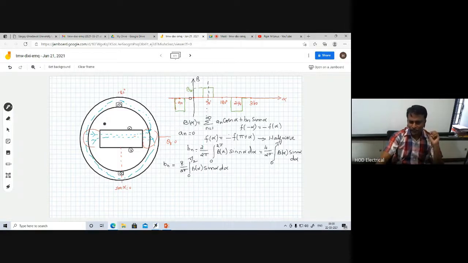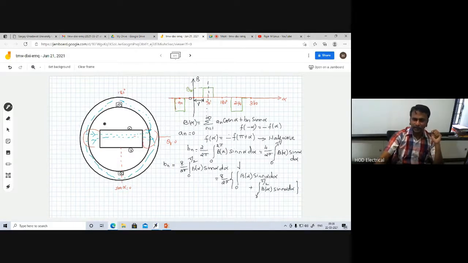But if you take this waveform from 0 to, let me take this angle as gamma, till there is no output. So we can write this case as 8 by 2 pi, integral 0 to gamma of b of alpha sine n alpha d alpha, plus integral gamma to pi by 2 of b of alpha sine n alpha into d alpha.